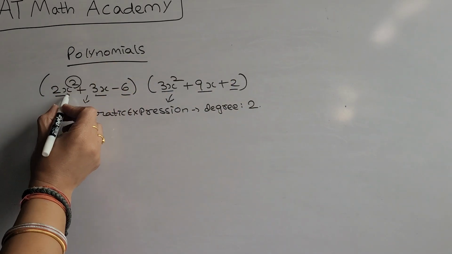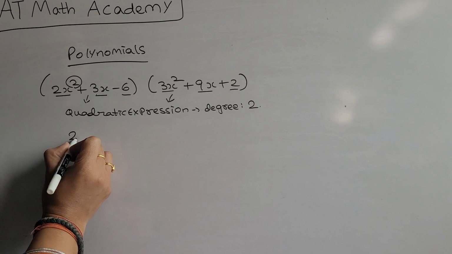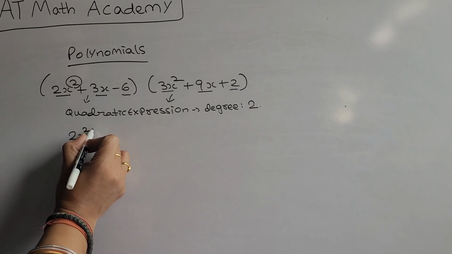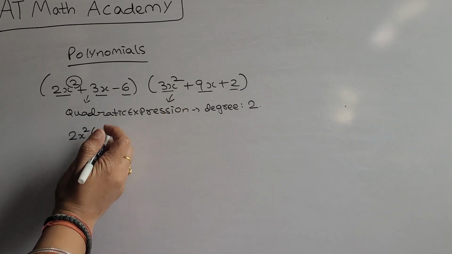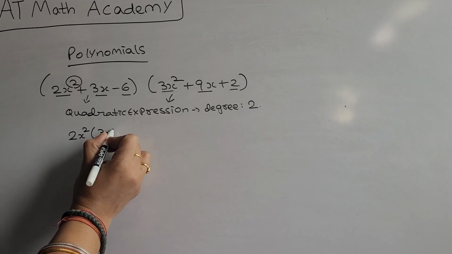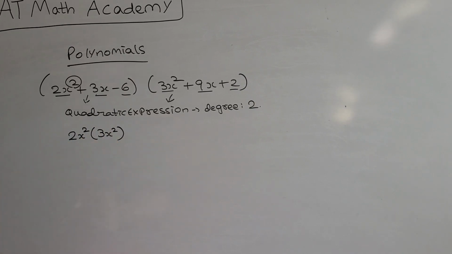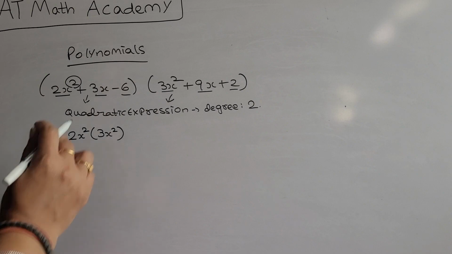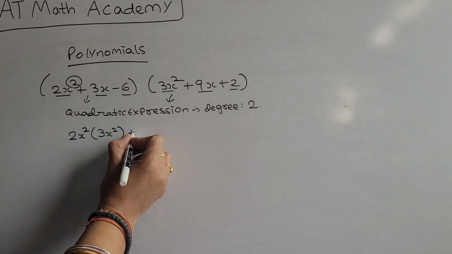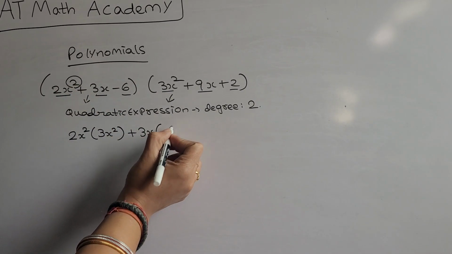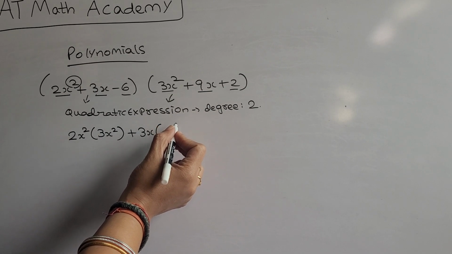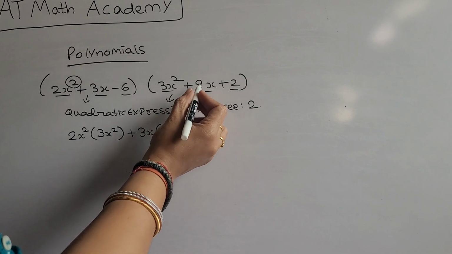So let's start by taking our first term from the first expression, which is 2x². I'm going to multiply it with the first term from the second expression, which is 3x².